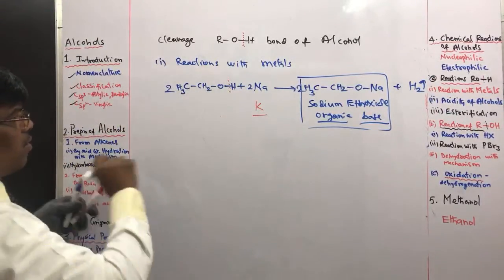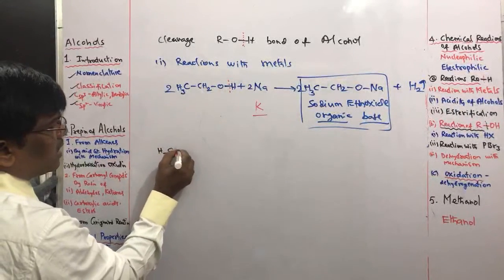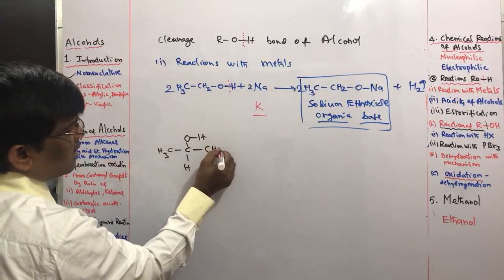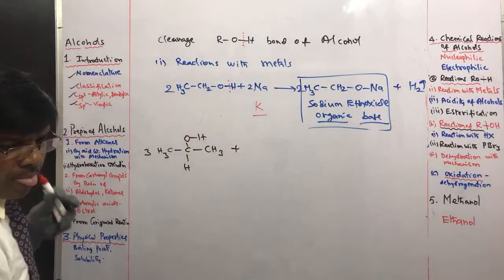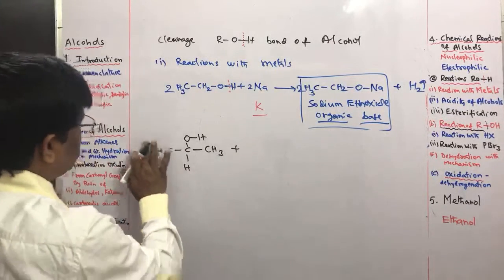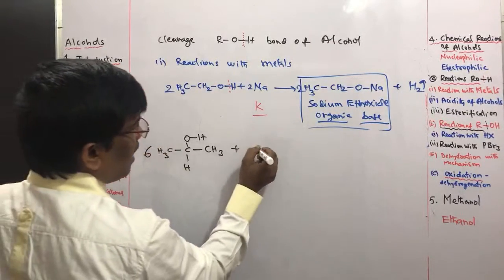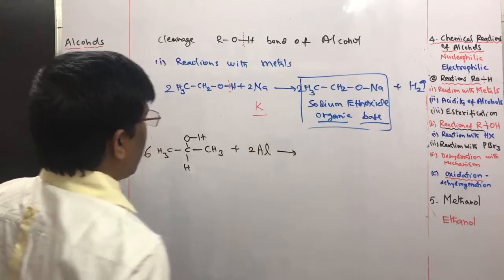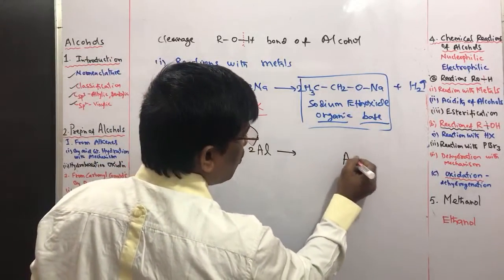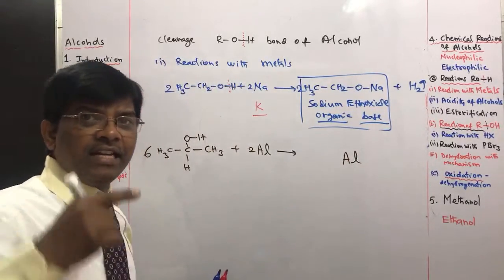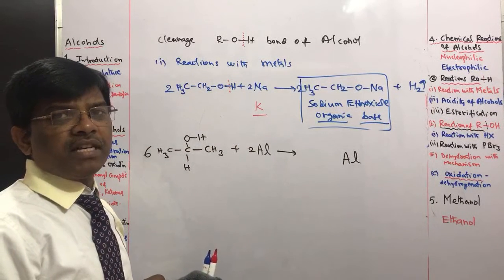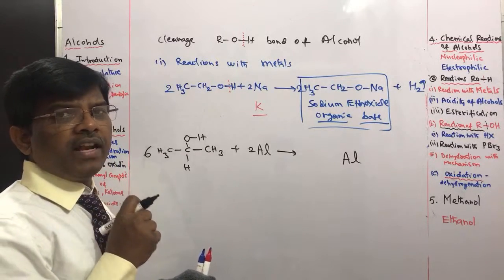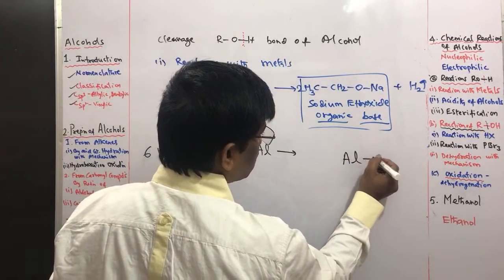Or for example, if I take isopropanol, (CH3)2CHOH, hydrogen is here, 6 moles here, and 2 moles of aluminium, I am going to get aluminium isopropoxide, which is used as a reducing agent in organic chemistry for the reduction of carbonyl compounds in a named reaction, MPV reduction.